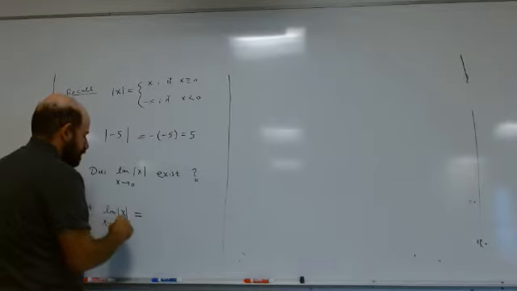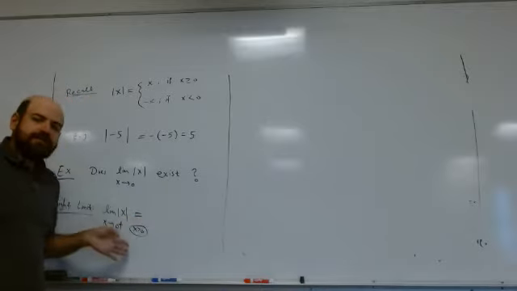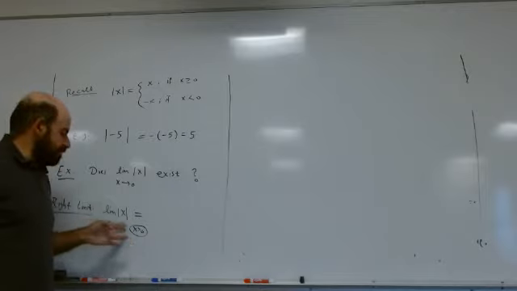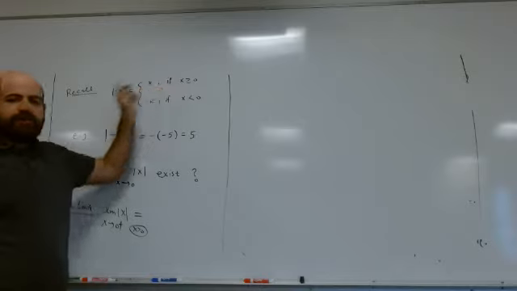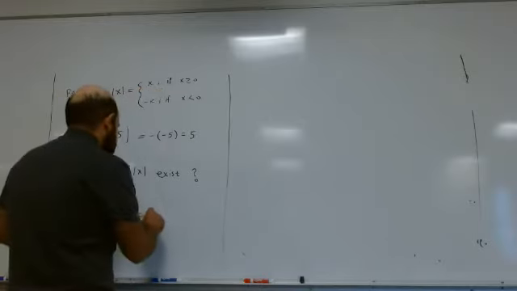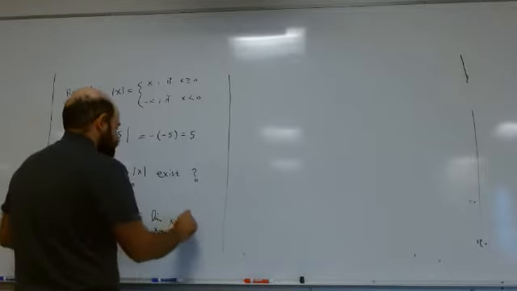Now, x approaches 0 from the right means x is bigger than 0, right? Right limit, or from the right, means x is bigger than the number. So if x is bigger than 0, absolute value x will be replaced by x itself. So then this is the limit of x as x approaches 0, and this is 0.